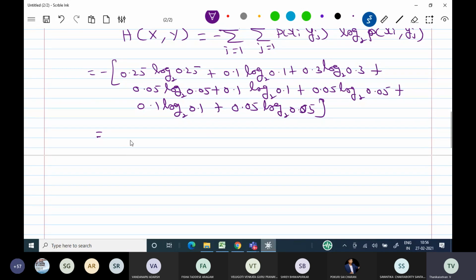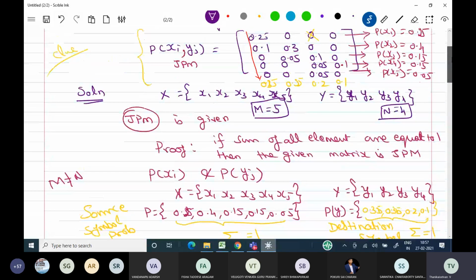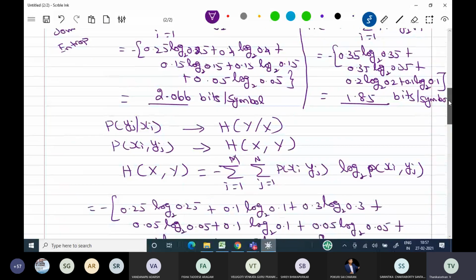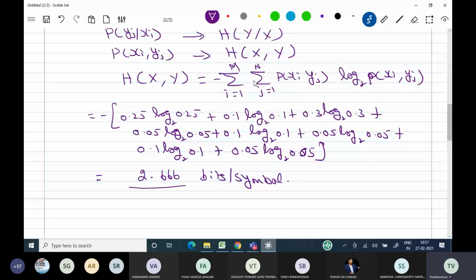So the final answer for H of X comma Y is 2.666 bits per symbol. This is the answer. How did I do it? Because we know the joint probability matrix, all the elements are taken, and that's why the double summation is coming.